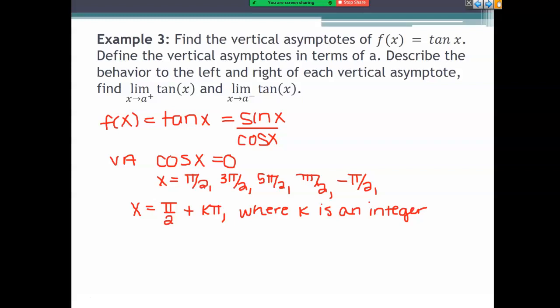So we would say that the limit as x approaches a from the right of tangent is equal to, and the limit as x approaches a from the left of tangent is equal to. So it's easy enough to look at pi halves.